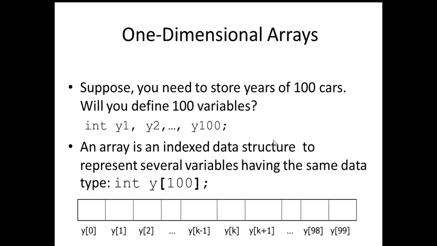If you want subscript 99, that specifies the 100th variable. And these are all stored in contiguous memory. All these values will be stored continuously in a single memory, but that memory will be divided into 100 places depending on the size.